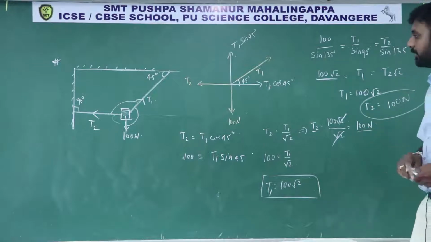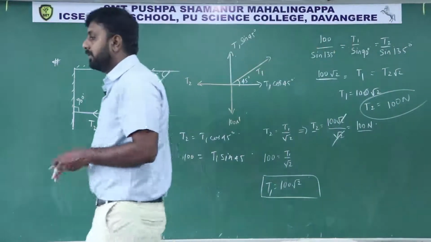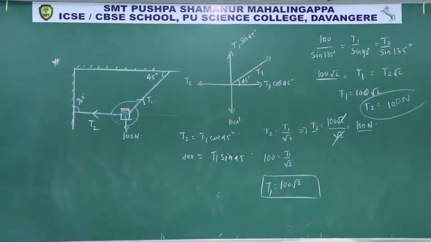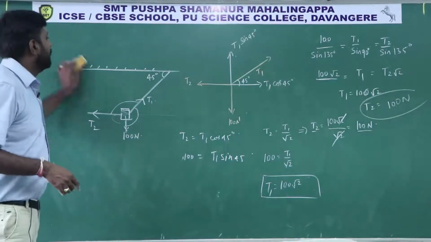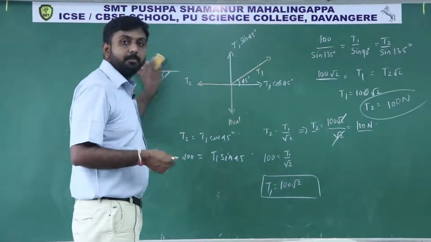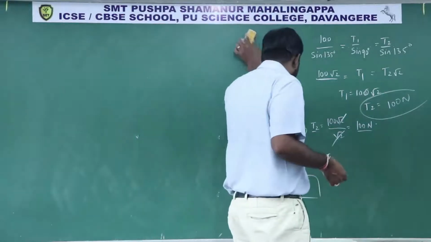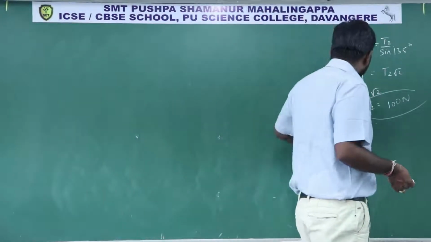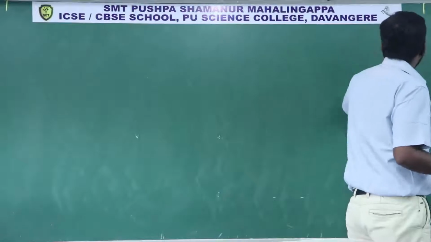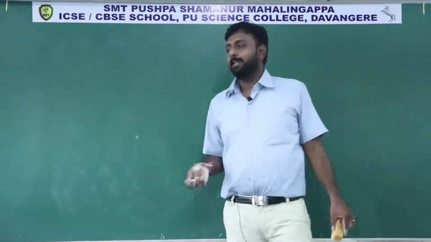So both methods can solve it. Whichever method you feel is easy, you practice in that method. So I hope you understood these problems based on equilibrium. And next I will explain a very important concept. All concepts are important only.